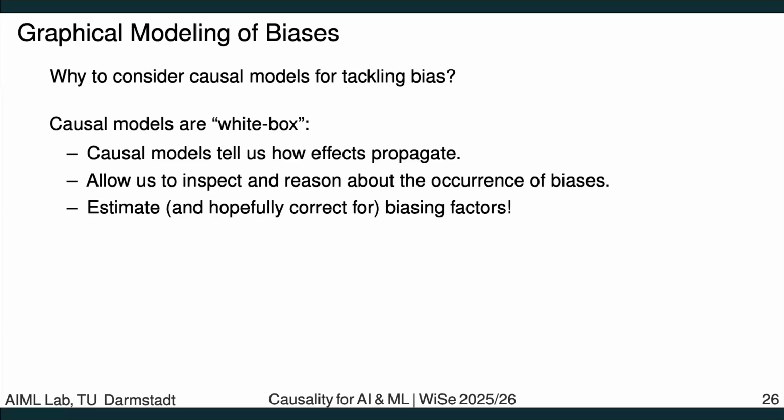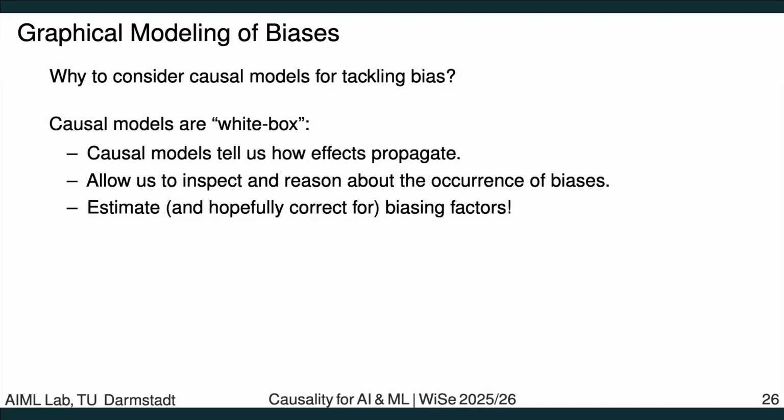And maybe, for example, in the front door or backdoor criterion, we've also seen that we usually need to adjust for certain factors, for confounders and so on, when doing regression or estimating some effects, because otherwise we get these biasing factors in.